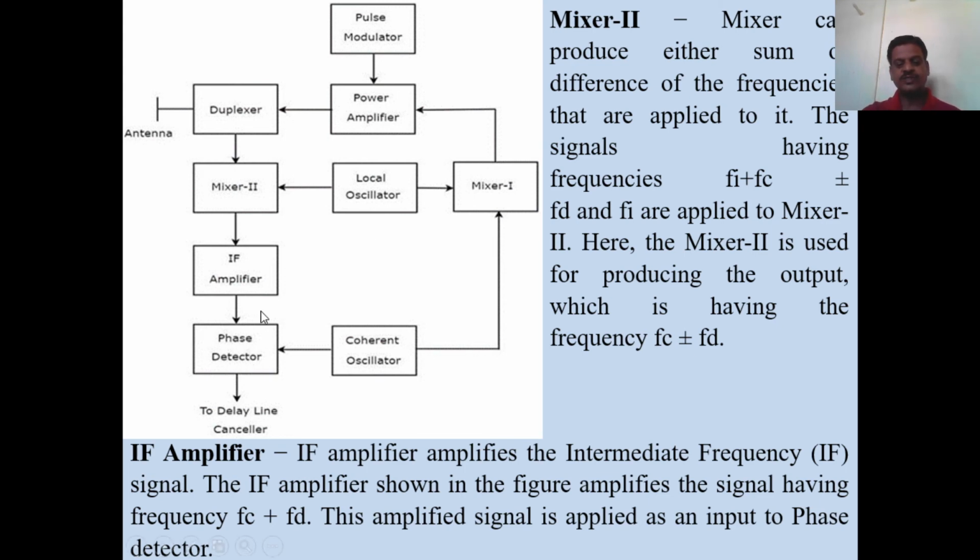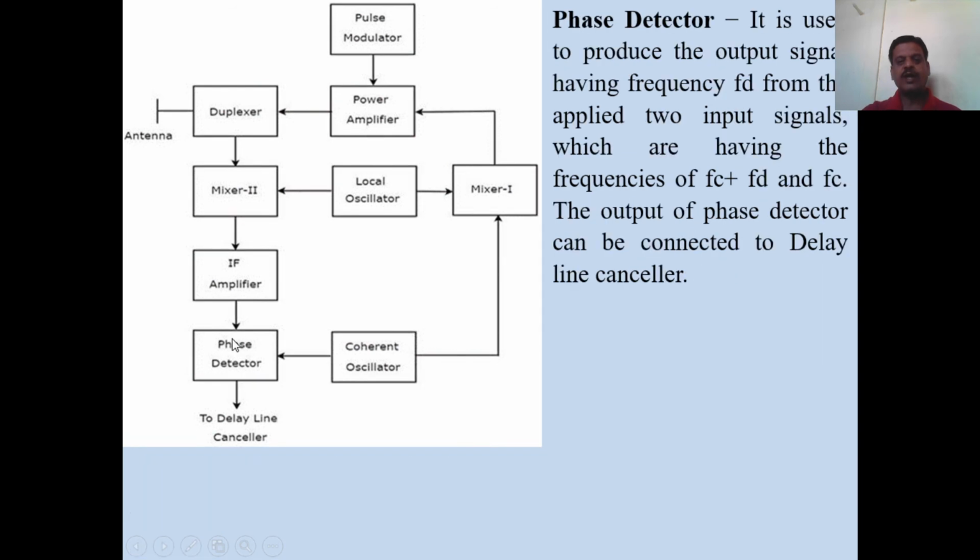This is the phase detector. This phase detector is used to produce the output signal having the frequency Fd. Fd is the frequency coming from the echo, which is coming from the target. This output signal having the frequency Fd is produced from the two input signals, which have the frequencies Fc plus Fd and Fc.